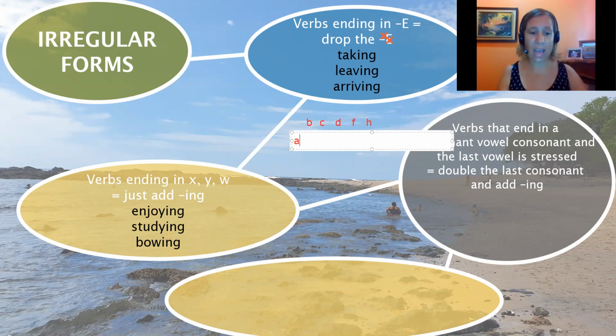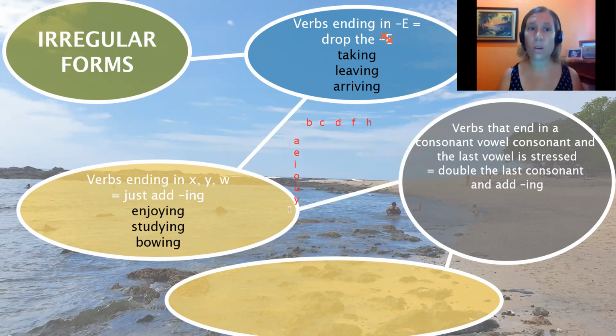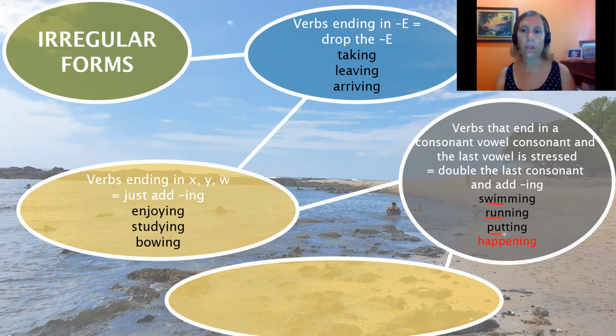The vowels are A, E, I, O, U, and we say sometimes Y. Those are vowels. So here, in our examples, swimming, consonant, vowel, consonant. Running, consonant, vowel, consonant. Pudding, consonant, vowel, consonant. Now, because these are only one-syllable words, the stress is on the last syllable.